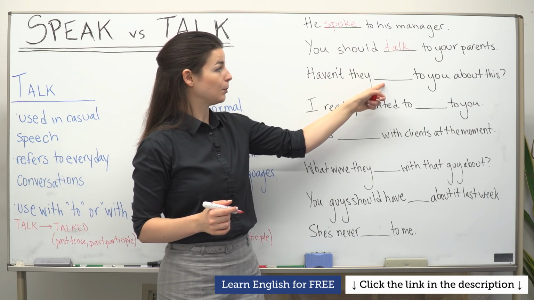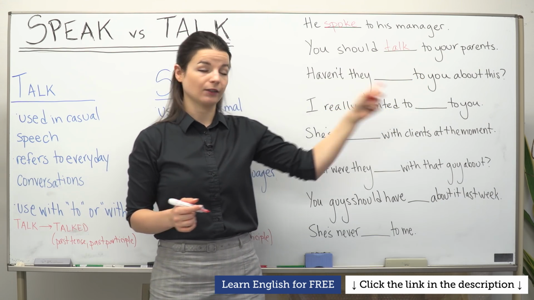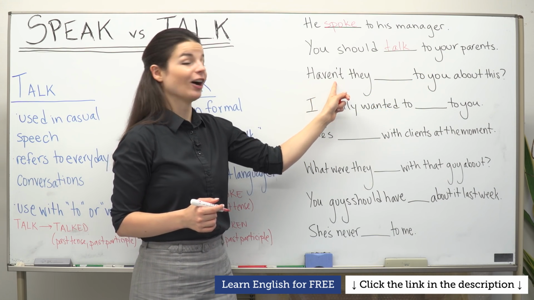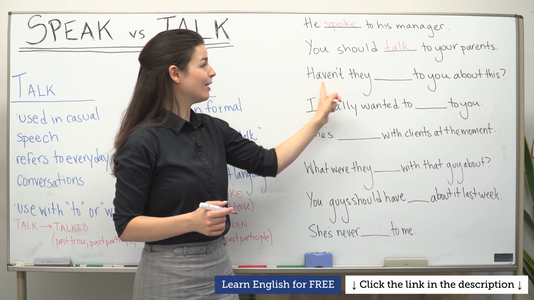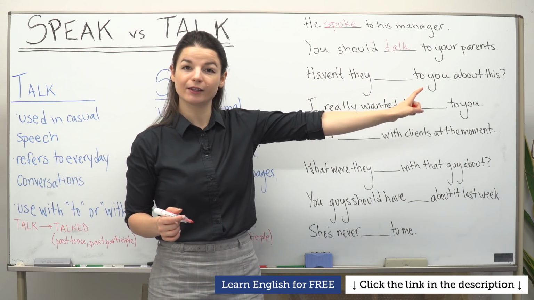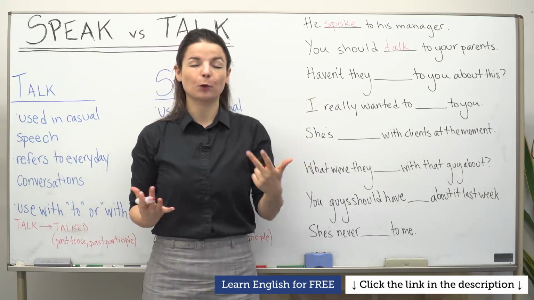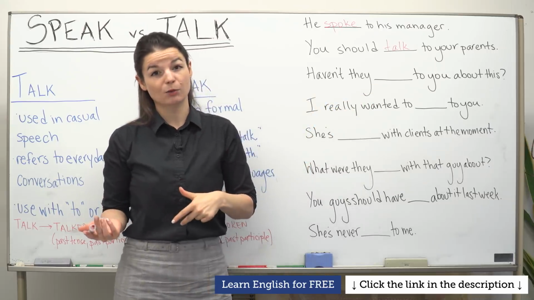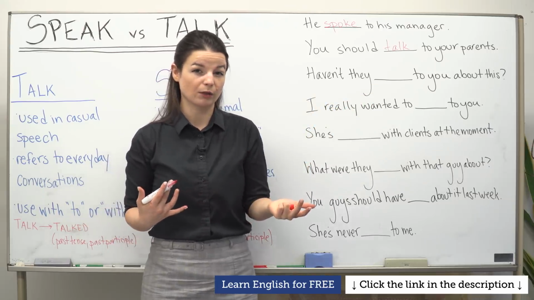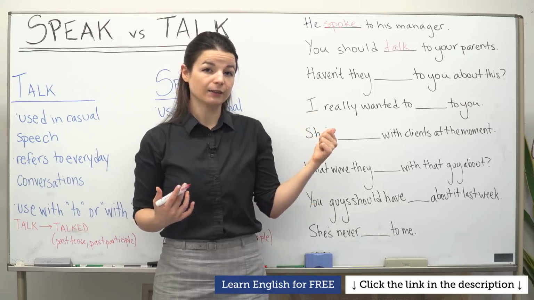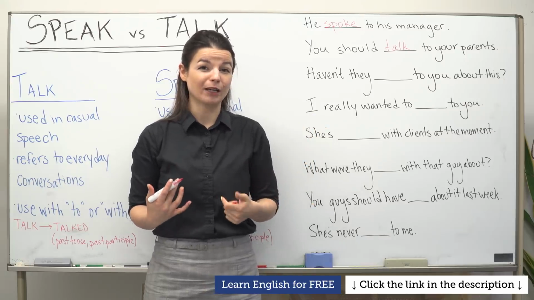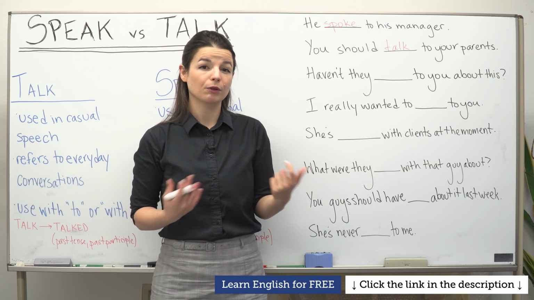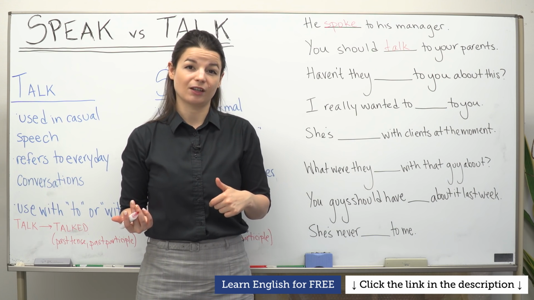Haven't they blank to you about this? So here we have haven't, have not, a negative form here. In this sentence, there's no clear hint word. Is it a casual situation? Is it a formal situation? So in a sentence like this, because we don't have enough information about the situation, both talk and speak are actually okay.